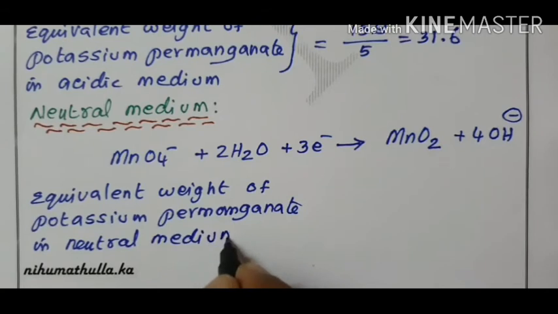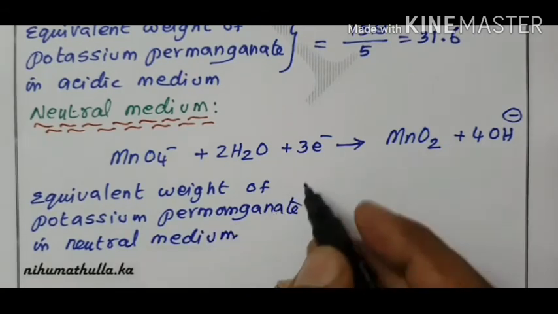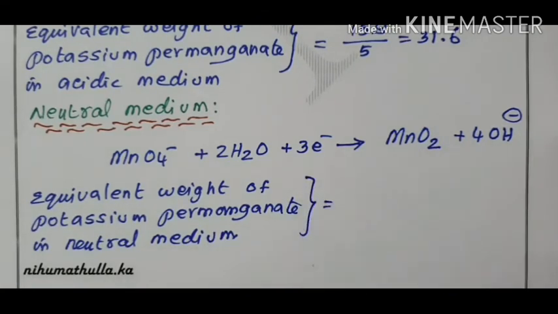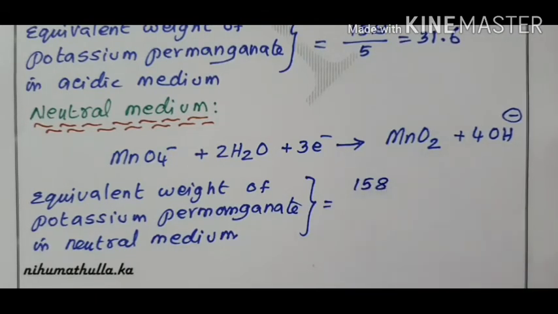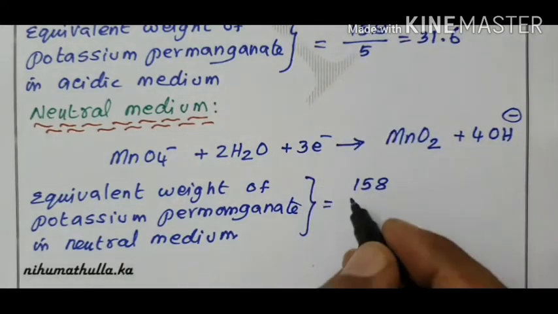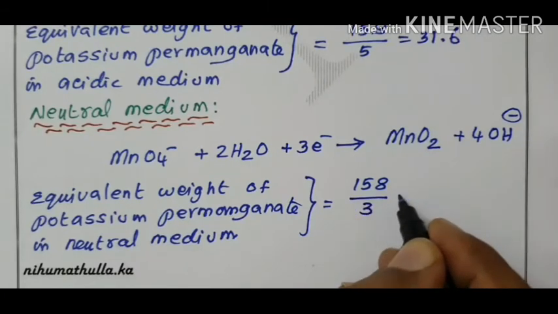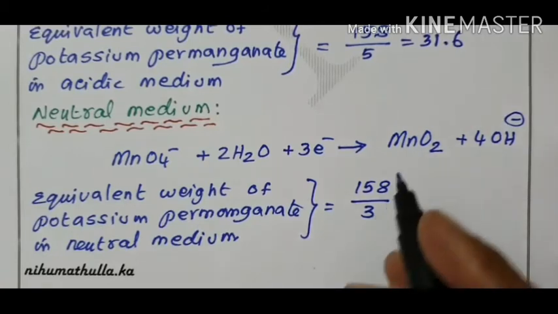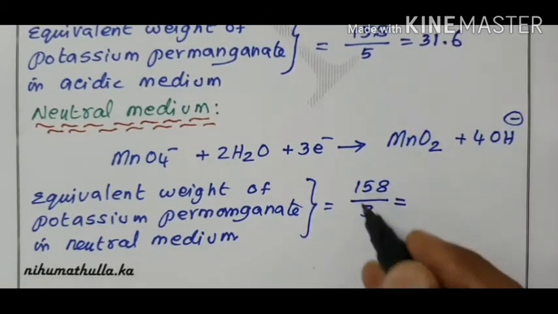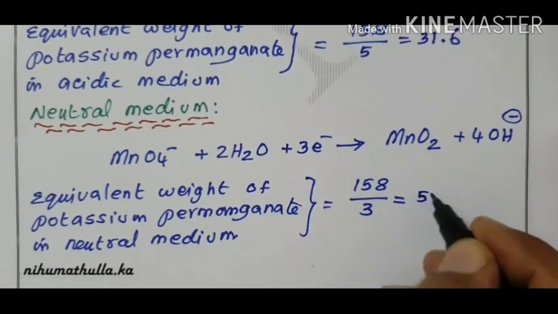In neutral medium, how many electrons are transferred? 3. So what is the formula? Molecular weight of potassium permanganate, already determined, divided by number of moles of electrons transferred, equal to 3. 3 electrons are transferred. When we cancel 158 by 3, 1 3 is 3, 5 3s are 15.